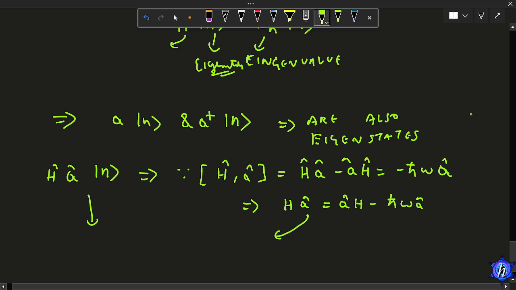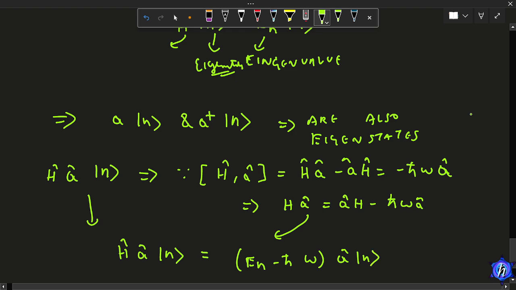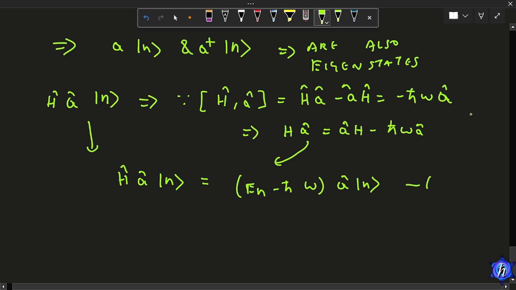I can use this to write H A acting on |n⟩ to be equal to (E_n − ħω) A|n⟩. Let me name this equation 1.17 and explain it to you.